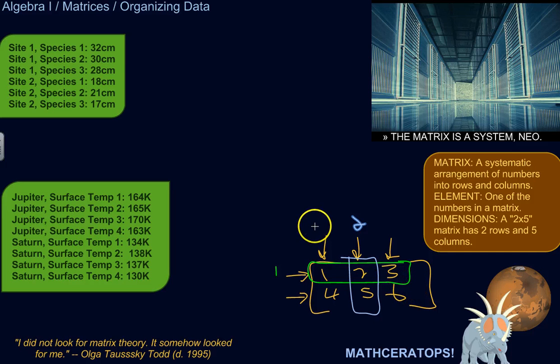So that might seem a little abstract. Let me give you a couple examples of situations in which we could organize data into a matrix. For this one, I'm imagining some kind of experiment where you're looking at the effect of some aspect of the environment on the growth of different kinds of plant species.